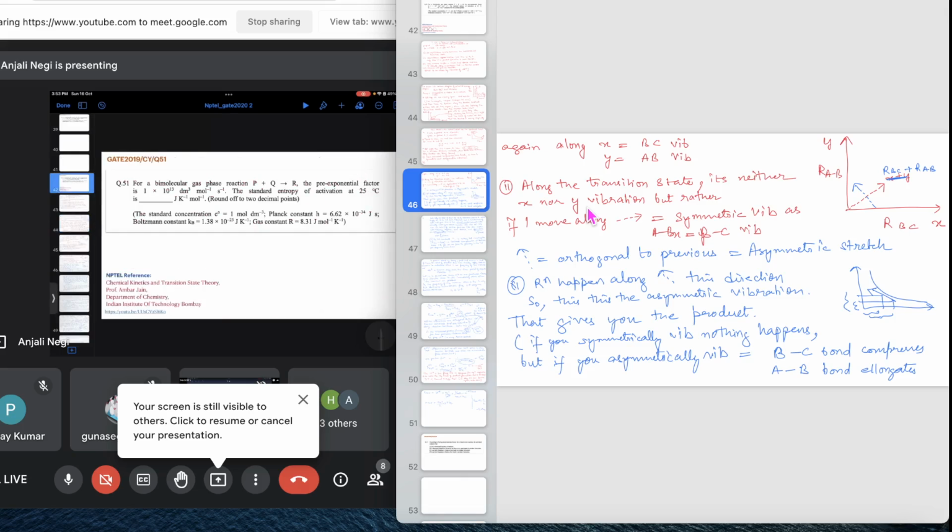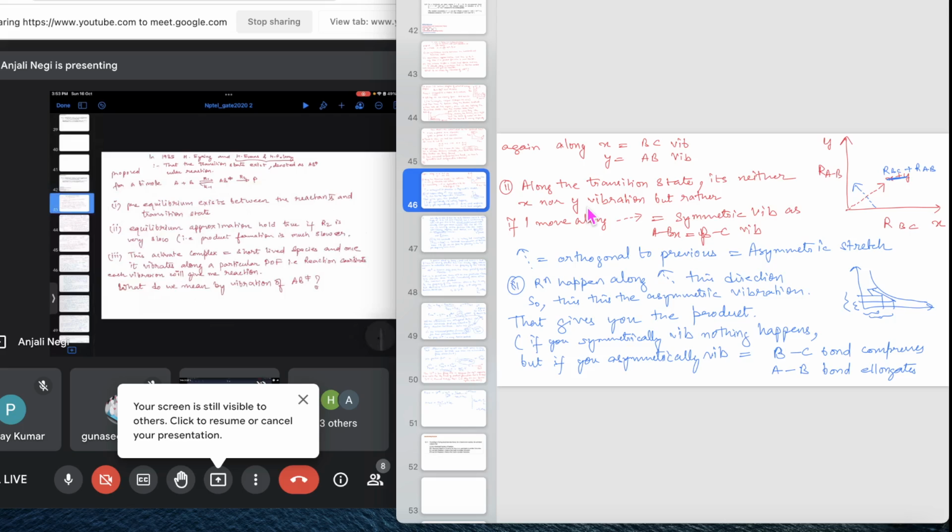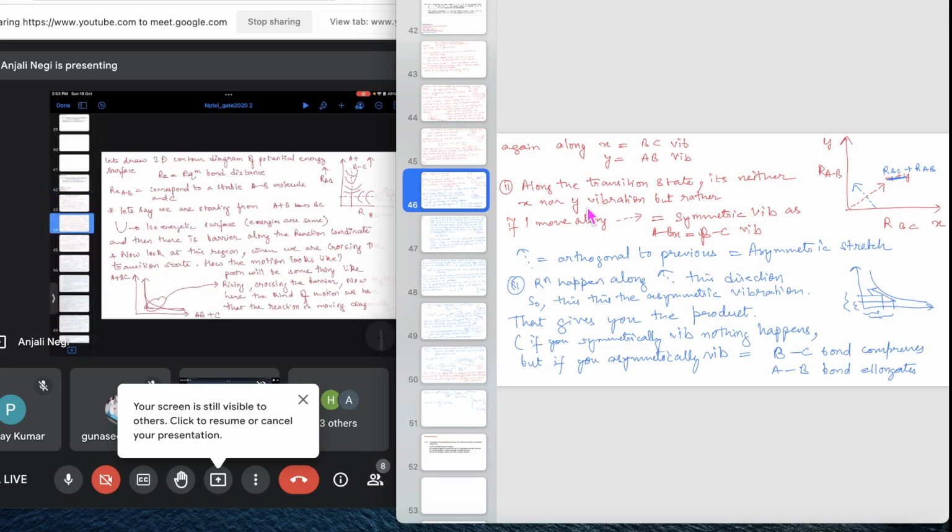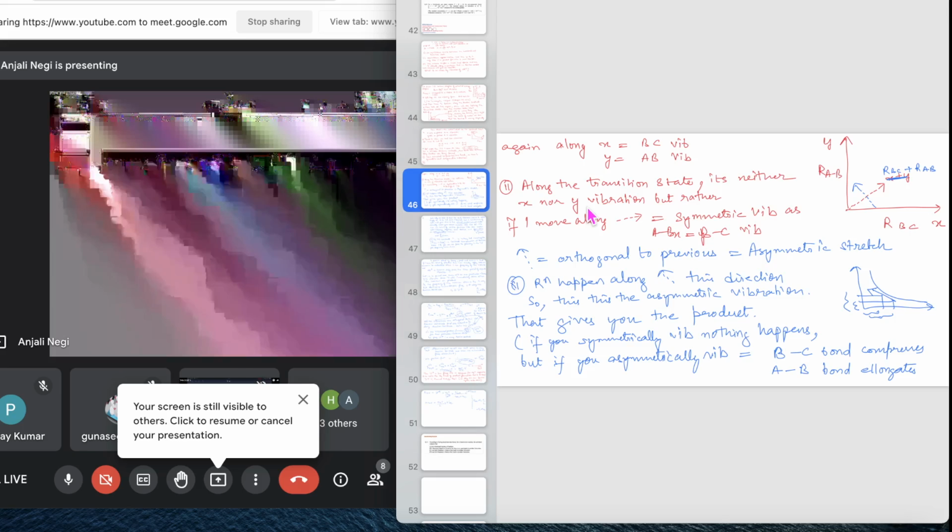So this was the question that I explained in some of my videos. This was for the pre-exponential factor that we have to calculate. I explained it using the Eyring equation and theory.